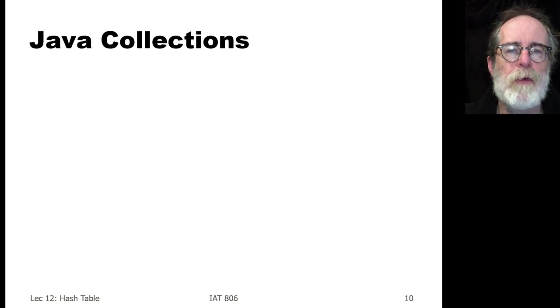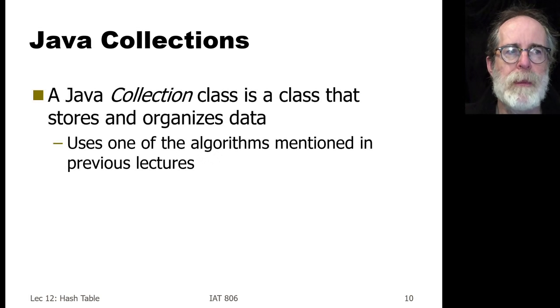In fact, there is this suite of software called the Java collections, which embodies these techniques and does them right because they're intended to be used by everybody who writes code in Java. So a Java collection class is a class that stores and organizes data. It uses one of the algorithms mentioned in the previous lectures: binary search tree, linked list, hash table, etc.